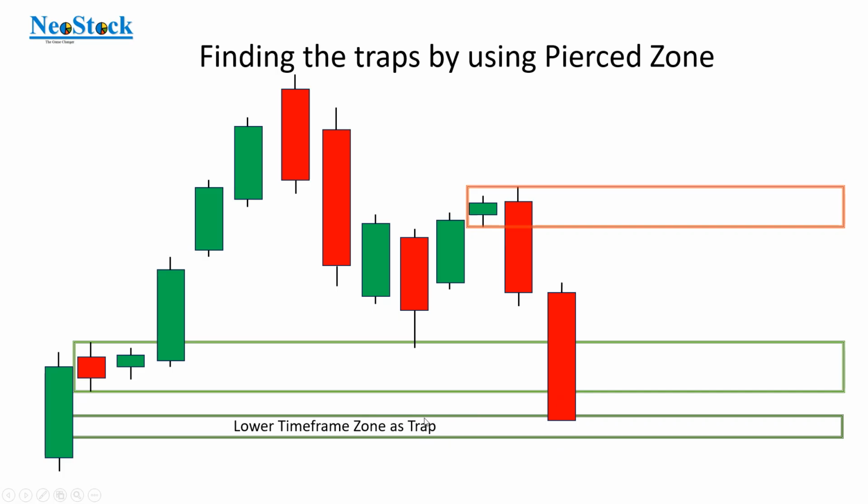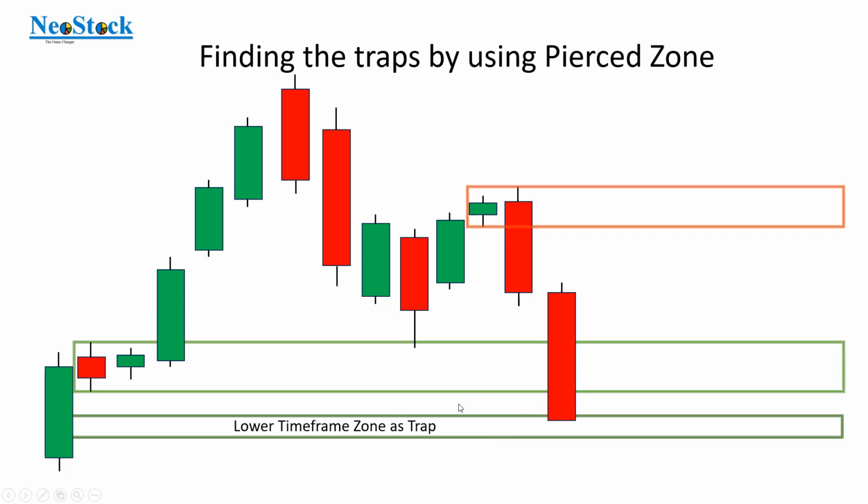But sometimes these zones might be violated and prices will go further down. That possibility is there. That's why some people have fears about whether to take a trade in this zone or not. But once you get experience, you will be in a position to assess. Maybe this is the area where strong order flow might be there. At least 80 to 90% of the time you can properly judge based on your intuition.